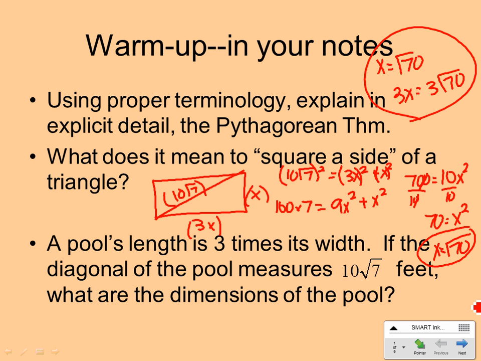Wait, the thing I didn't get was how do you take the 10 radical 7 squared and turn that into 100 times 7? Because what does it mean to square a side? To multiply by itself. So 10 radical 7 times 10 radical 7. You can only multiply the 10s together, and you can only multiply the radical 7s together.